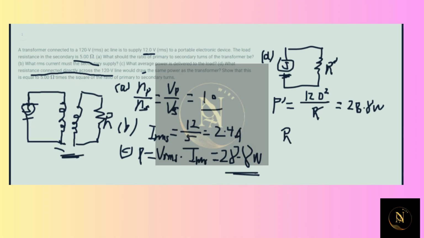So we can solve for R prime. It equal to 500 ohms, right? So we show that this is equal to 5 ohms times the square of the ratio of the primary to secondary turns. So 500 equal to 5 ohms times 10 squared. 10 is the ratio, right? So this is proved. Okay.